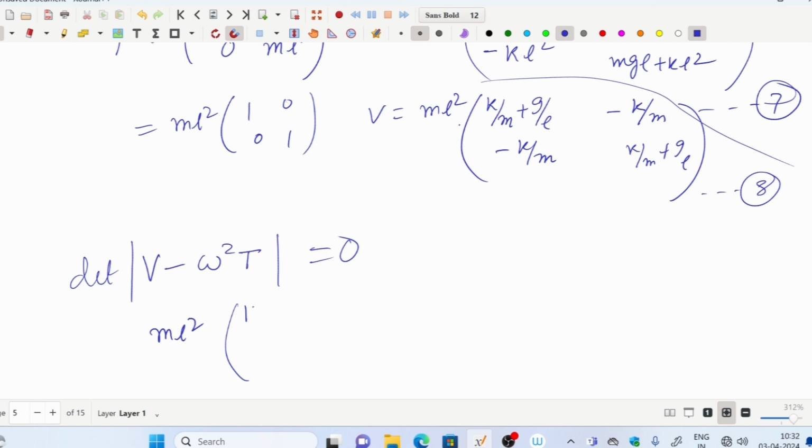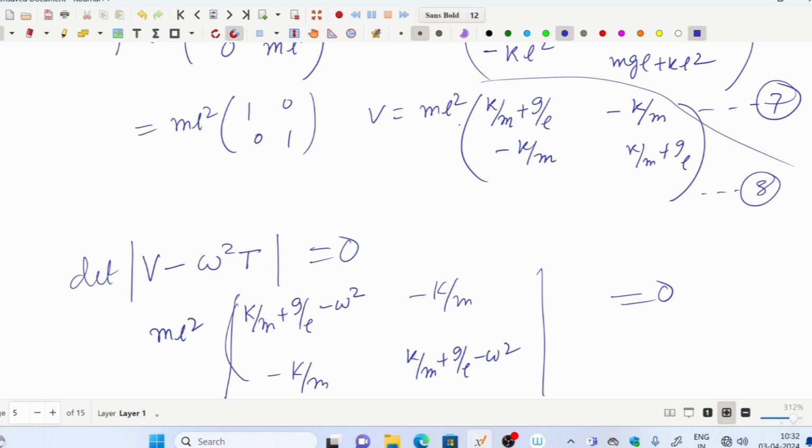So, the V matrix element is k by m plus g by l minus omega square, coming from the T matrix part, and this term also will be k by m plus g by l minus omega square, and the off-diagonal terms will be minus k by m. So, the determinant of this is equal to 0.